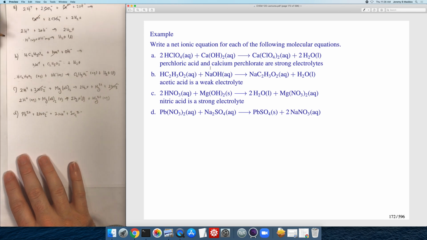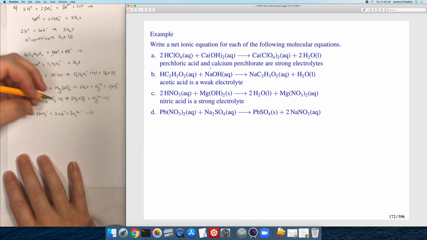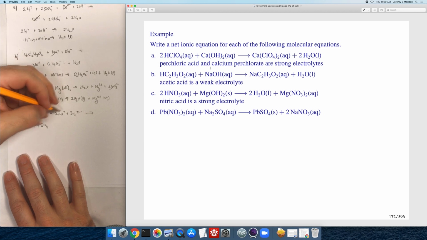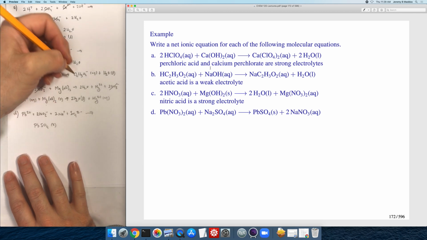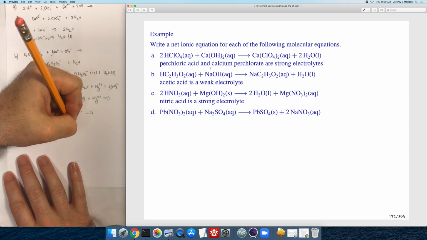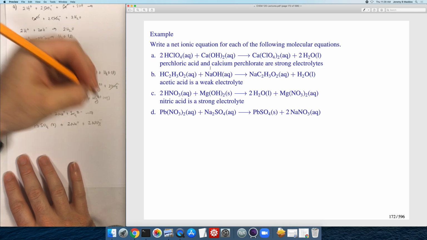It's a 2- charge. And then for the product side, we see the lead sulfate. They tell us, although we should know, the lead 2 sulfate is insoluble. And then the sodium nitrate is very soluble, so we'll break that up into its ions.